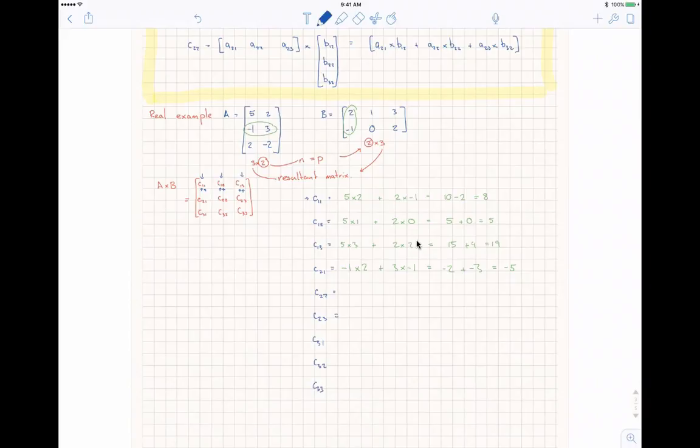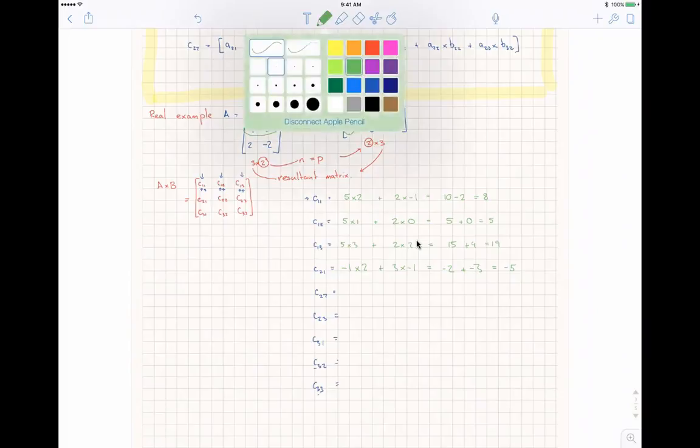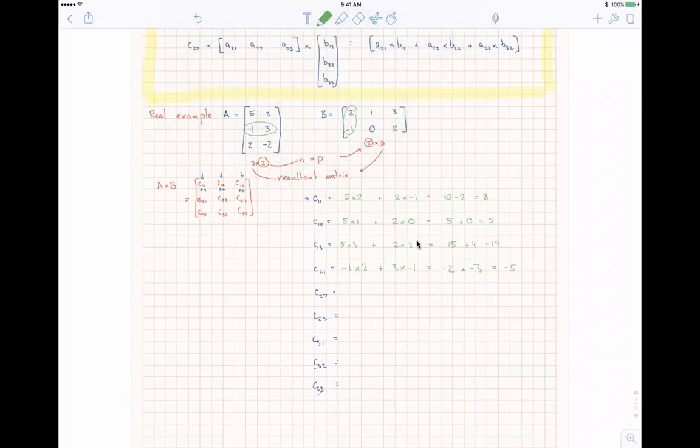Then you'll do row 2 by column 3, row 3 by column 1, row 3 by column 2, and row 3 by column 3. And if you do all of those perfectly, you should get -1, 3, 6, 2, and 2. It's tedious.